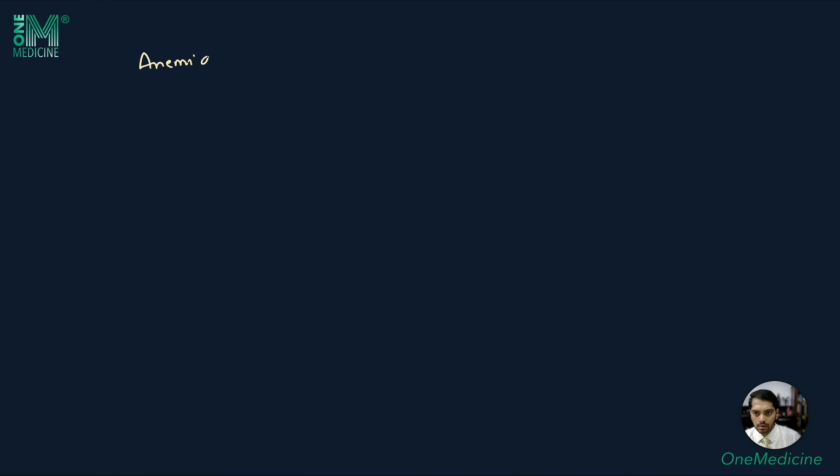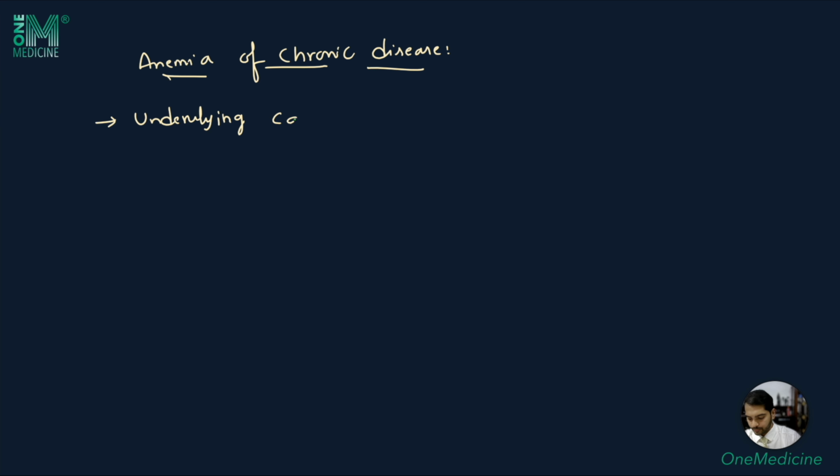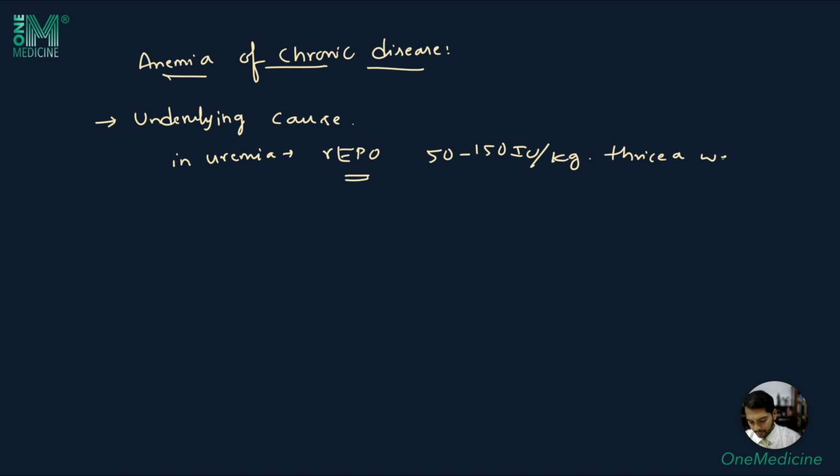Anemia of chronic disease. Treat the underlying cause. In case of uremia, use recombinant erythropoietin in dosing of 50 to 150 international units per kg thrice a week.